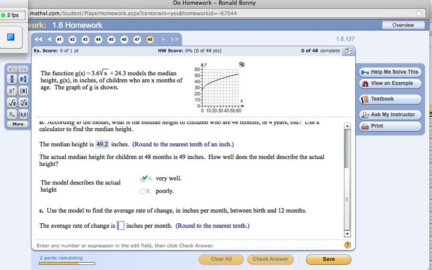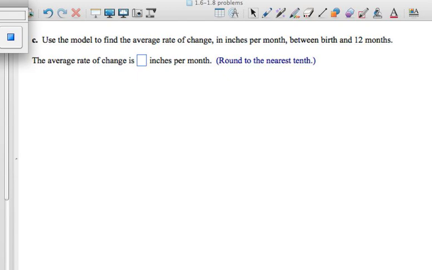Now, all right, part C, it says use the model to find the average rate of change in inches per month between birth and 12 months. All right, we're going to continue this problem over here. So once again, I'll read it. Use the model to find the average rate of change in inches per month between birth and 12 months. Average rate of change is the same thing as slope.